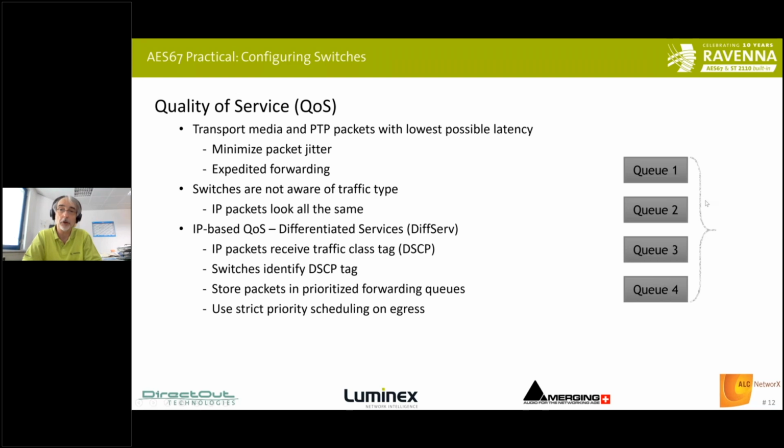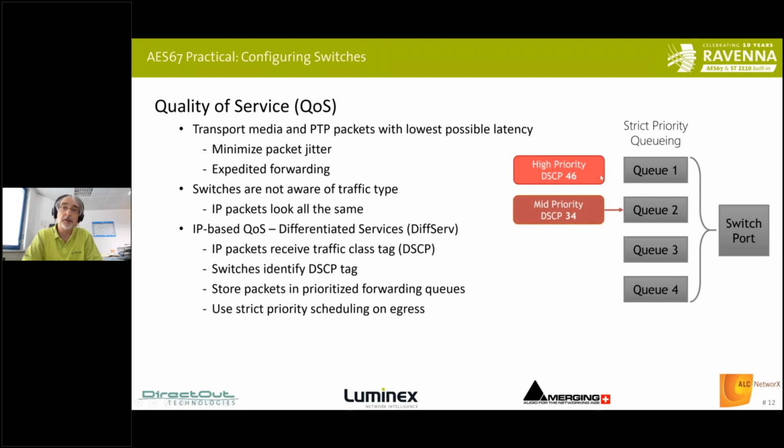Let's assume we have a 4-queue switch. That means that on each egress port, outgoing port, a switch has 4 different priority queues. And the scheduler uses strict priority queuing. That means whenever there's something in the topmost or highest prioritized queue, those packets get served first. So we just make sure that any of our devices, PTP or streaming gear, is tagging the IP packets which carry the media data or the PTP with related priority or DSCP tags in their IP headers.